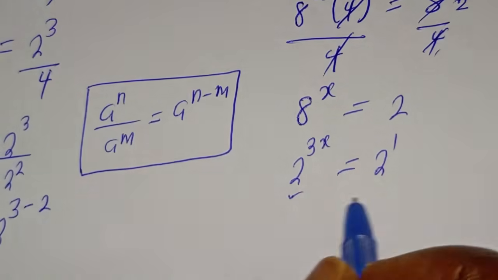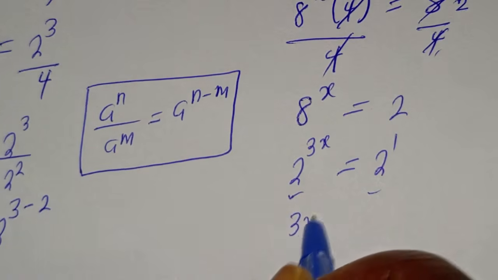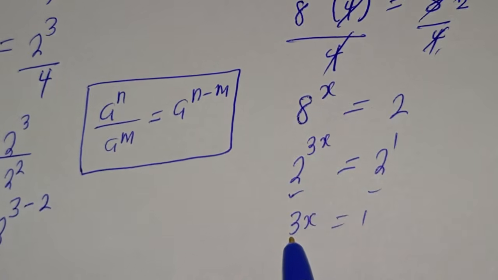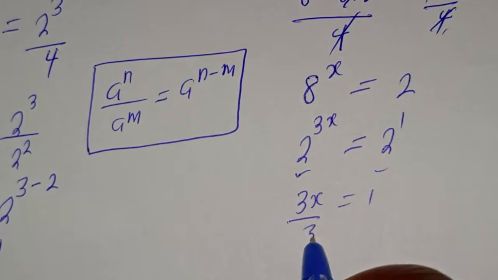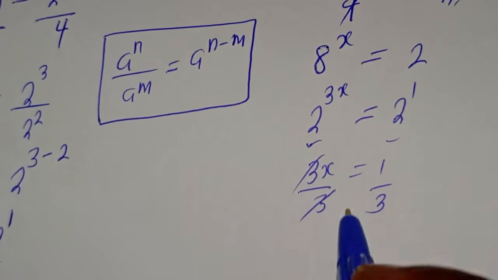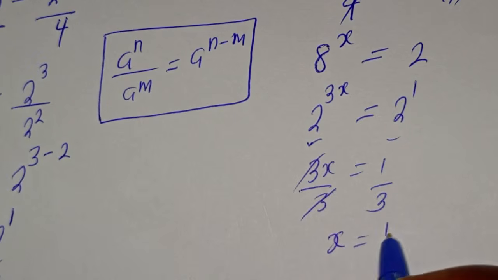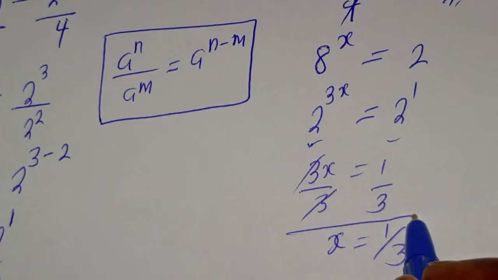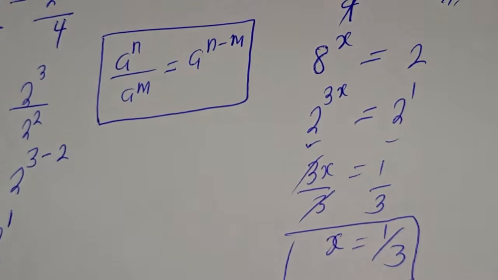We have the same base 2, so we consider the exponent. 3s is equal to 1. Now let's divide both sides by 3. This will cancel this. s is equal to 1 over 3. This is the final answer.